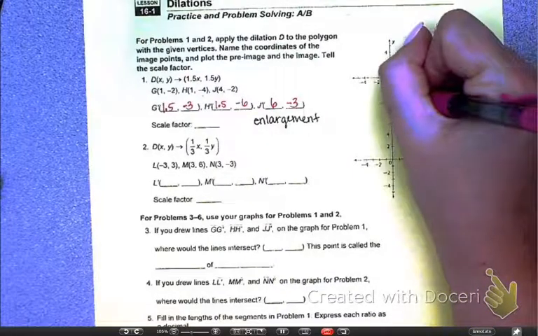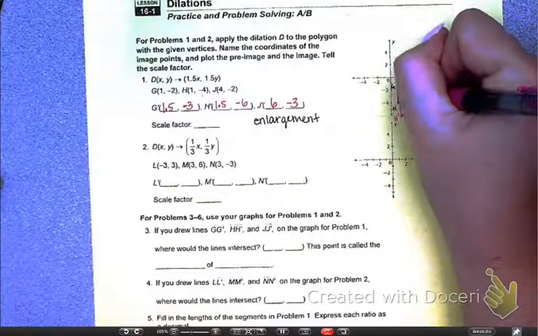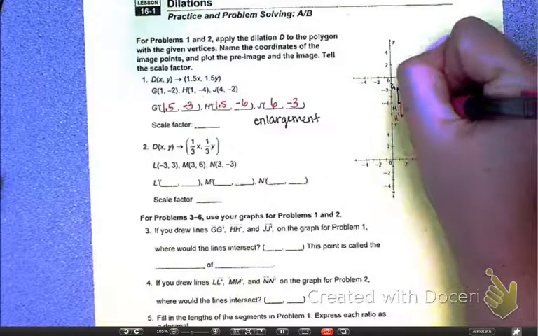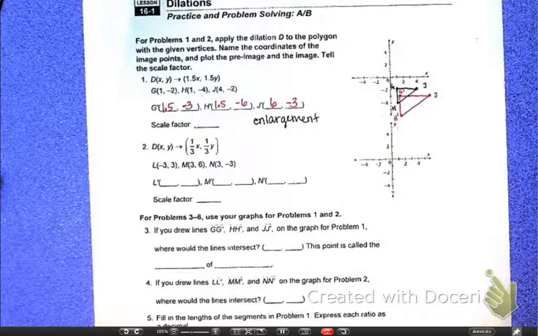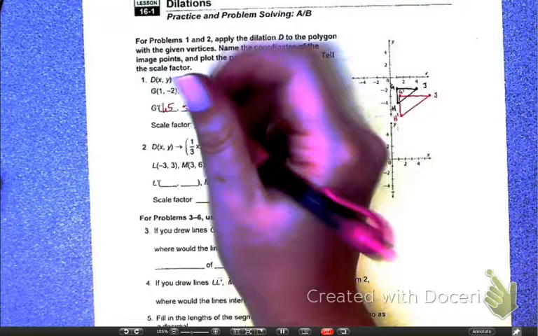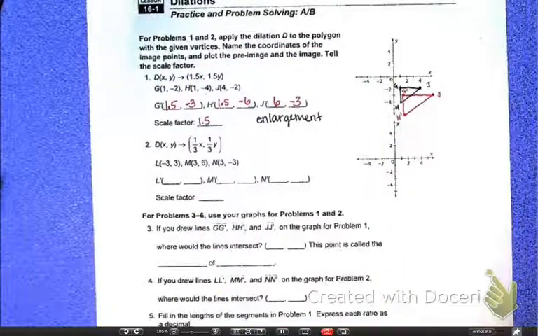So if I look at my new triangle, did an enlargement happen? Yeah, that's what's supposed to happen, so we should be okay there. What was my scale factor? 1.5. Now we like to write it as a ratio, okay?